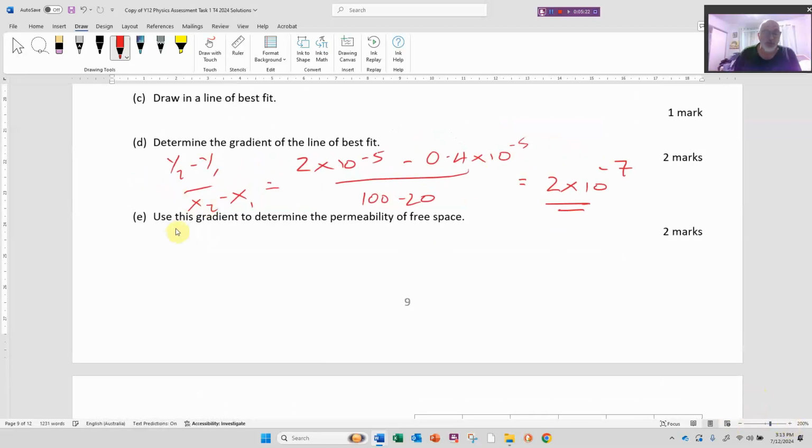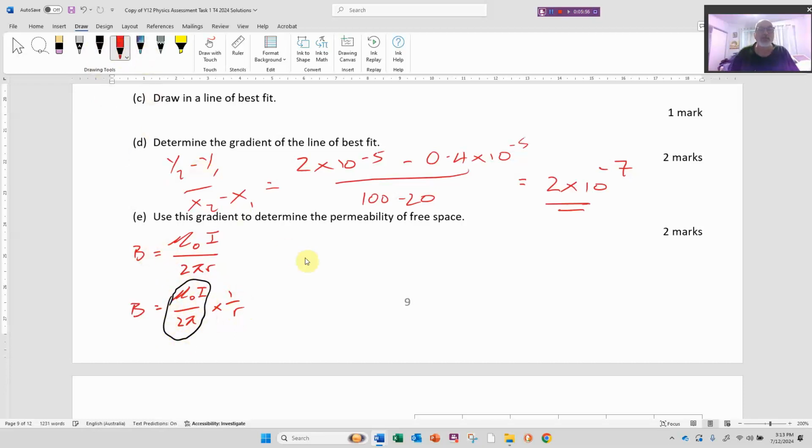Use this gradient to determine the permeability of free space. So before I told you that magnetic field is equal to mu naught I over 2 pi r, which means that magnetic field is equal to mu naught I over 2 pi times by 1 over r, which is what we've just graphed. So that means that this section here must be our gradient.